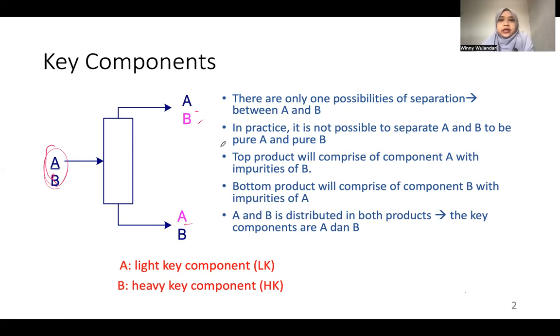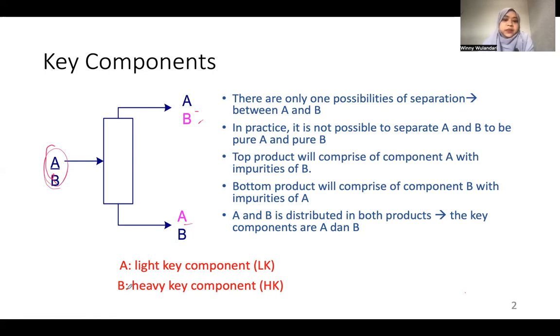Of course, in practice, it's not possible to separate A 100% and B 100%. The top product will comprise component A with impurities of B, while the bottom product will comprise component B and impurities of A. So A and B are distributed in both products, so they are called the key components in the system.